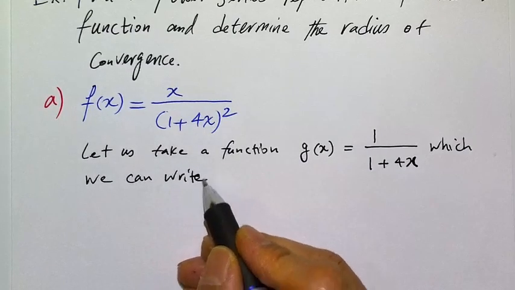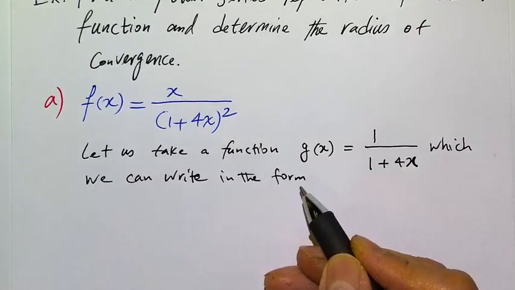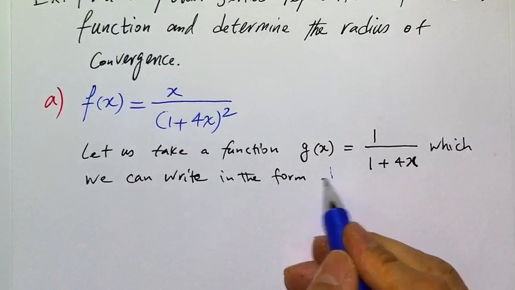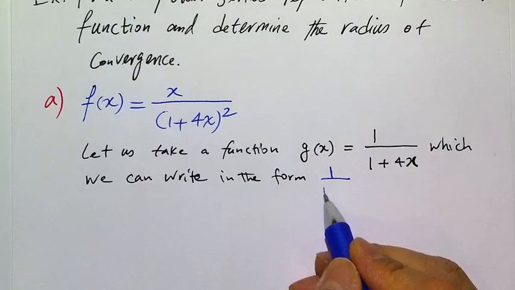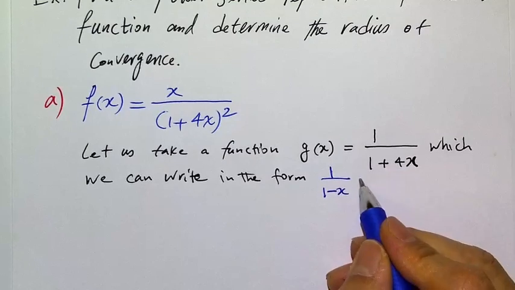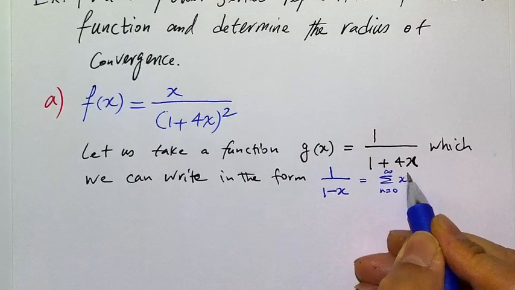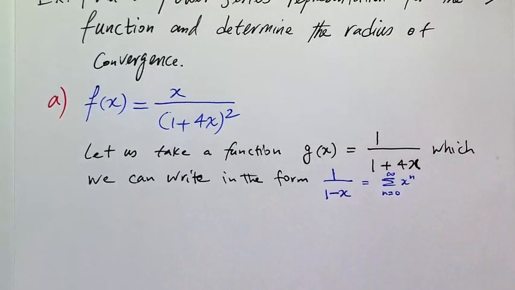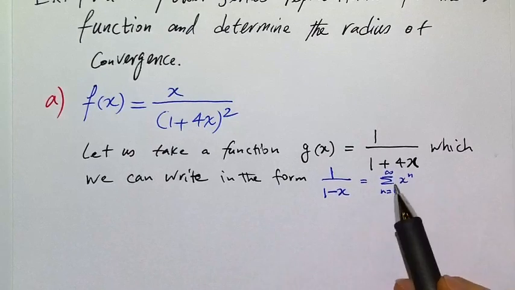Which we can write in the form, again, that thing that was on the power series and the associated function on the first sheet that we discussed in this section, which is in this form and has an appropriate derivative.